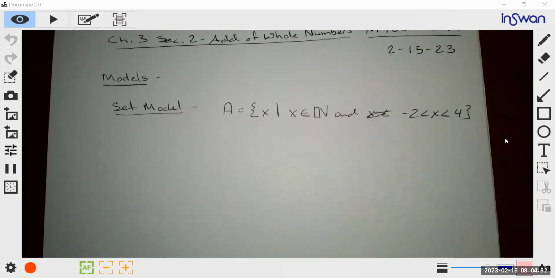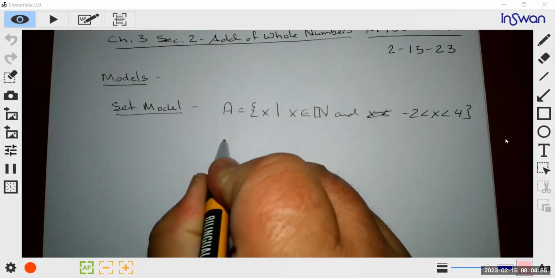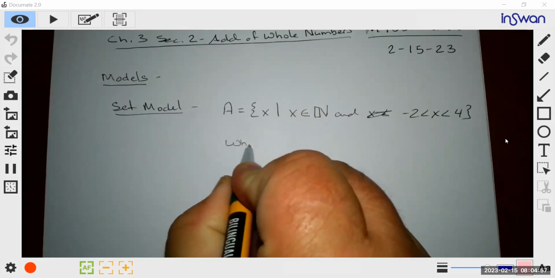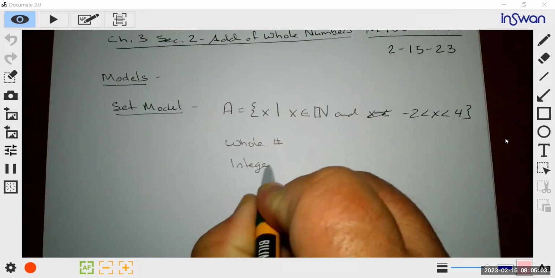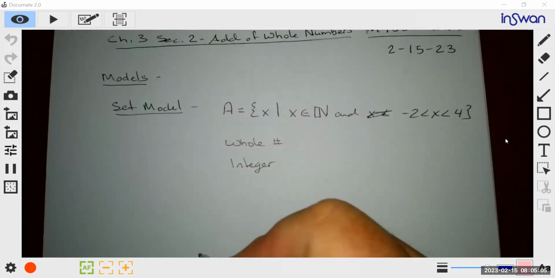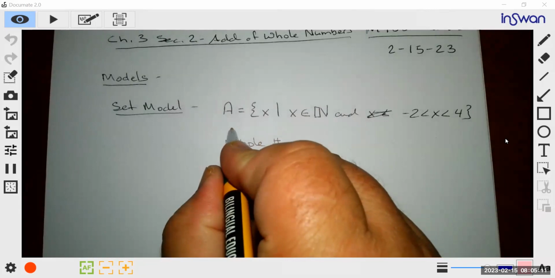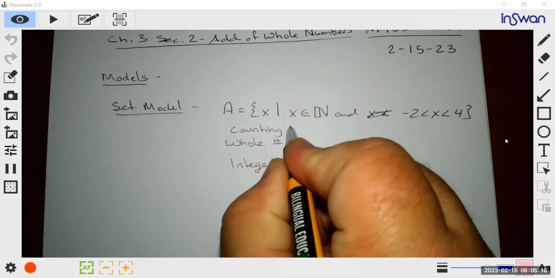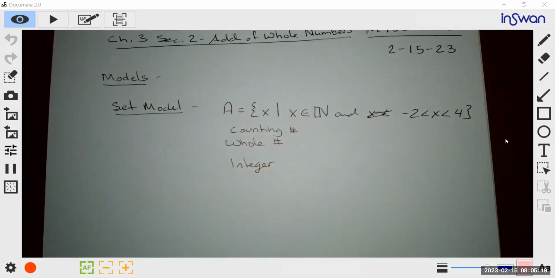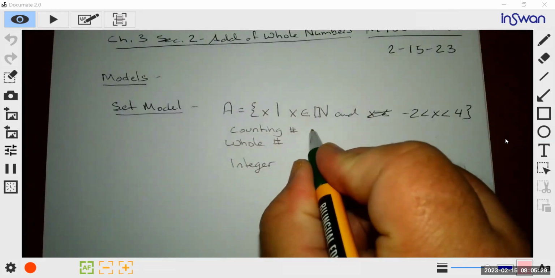What's the difference between a whole number, an integer, or a counting number? What's the difference between those three? Very good.